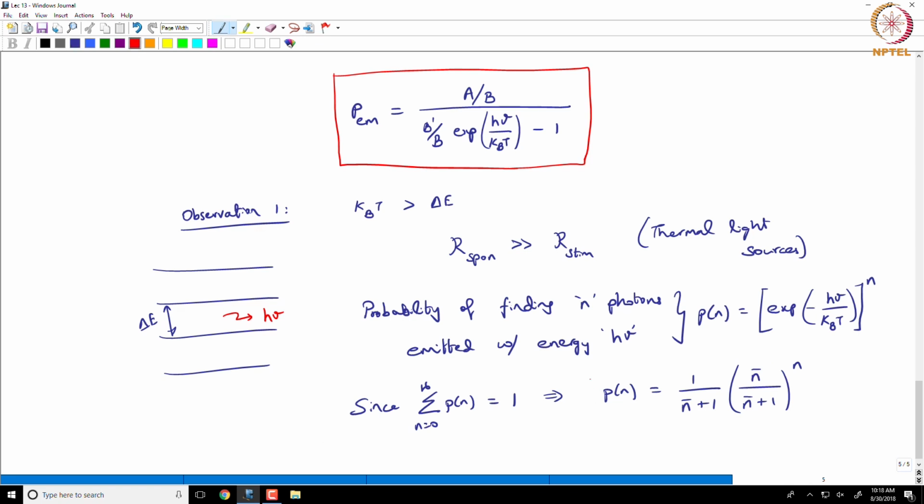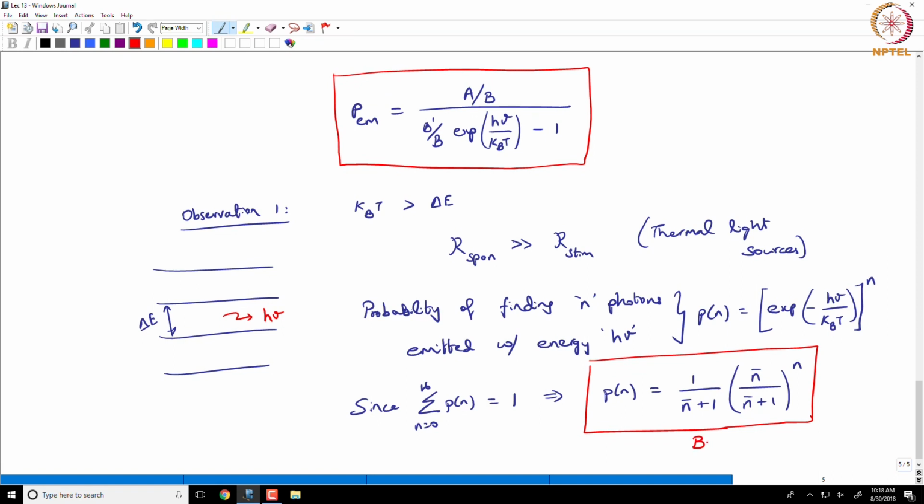This actually was what S.C. Bose had originally derived, okay, and then it got validated by Einstein. So, Einstein also supported that theory, and so they came up with this.